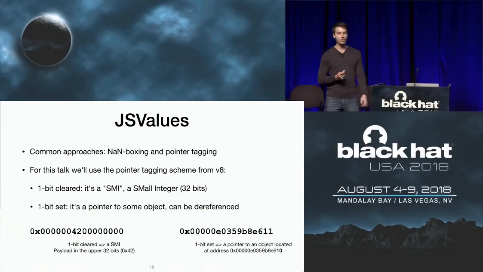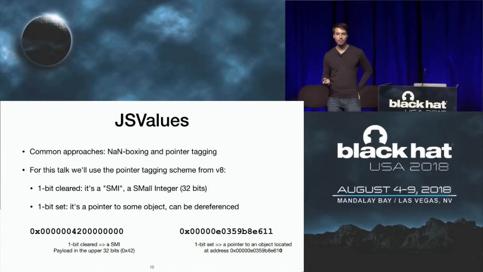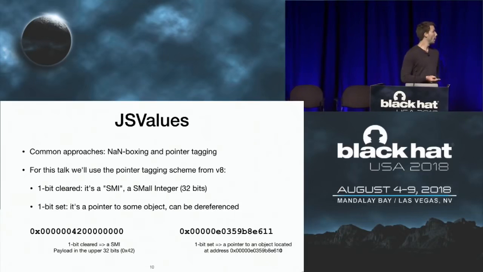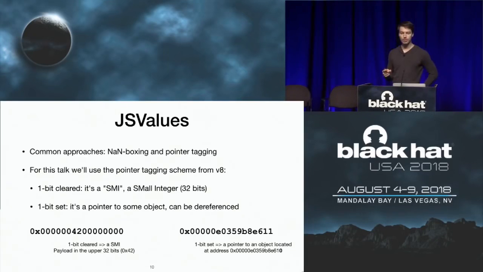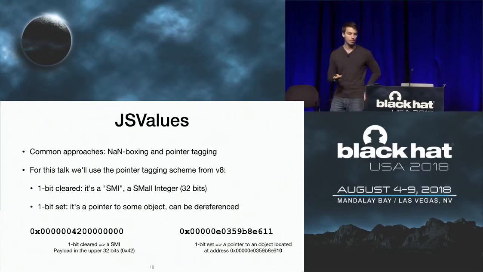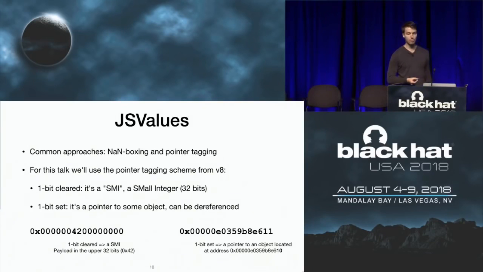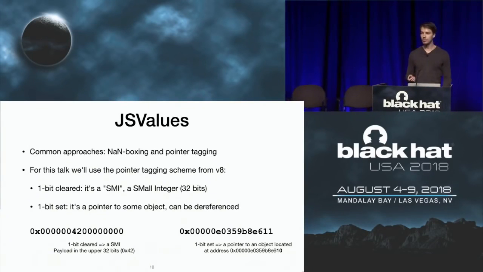There are two of those clever hacks, basically. One is called NaN-boxing, and the other is pointer tagging. For this talk, we'll talk about pointer tagging just because it's a bit simpler. Actually, we'll use the schema from V8, the Chromium engine. In V8, a JavaScript value is basically an 8-byte value, assuming a 64-bit architecture.